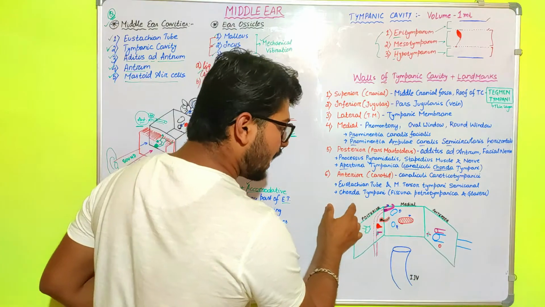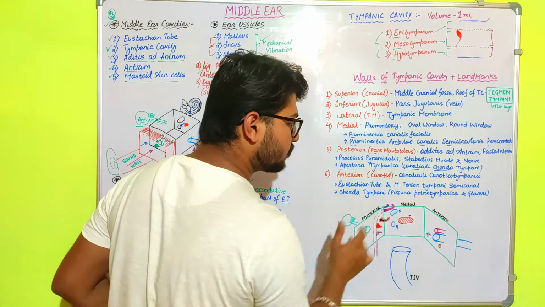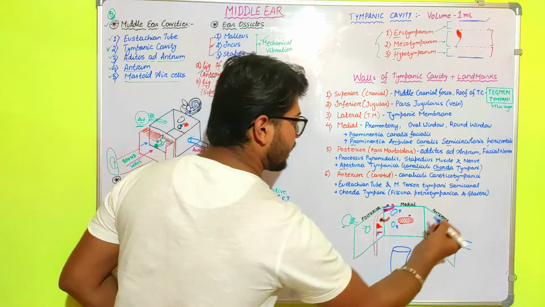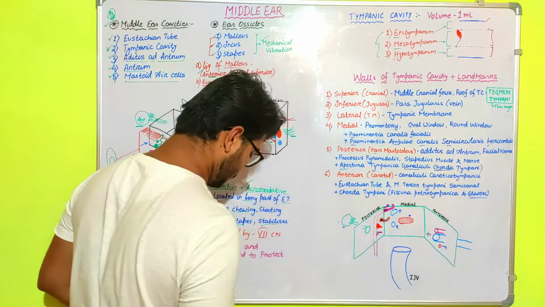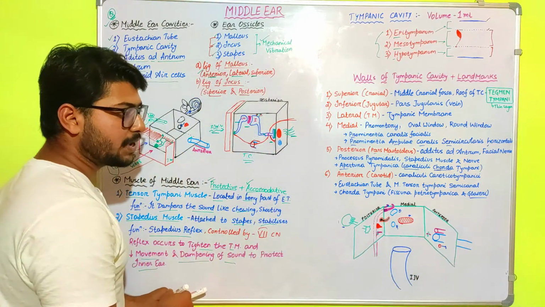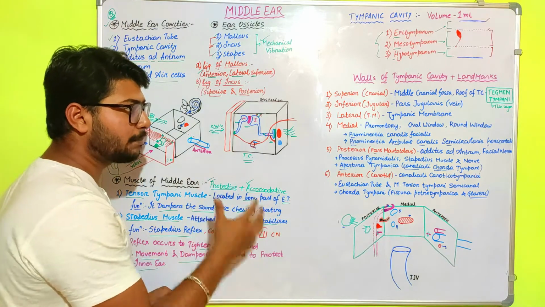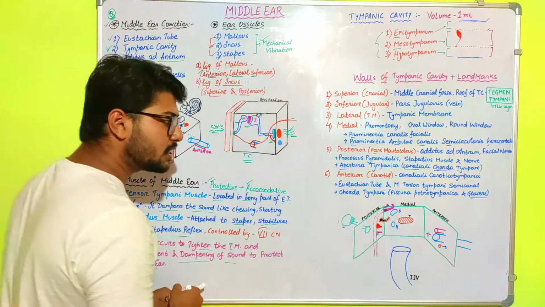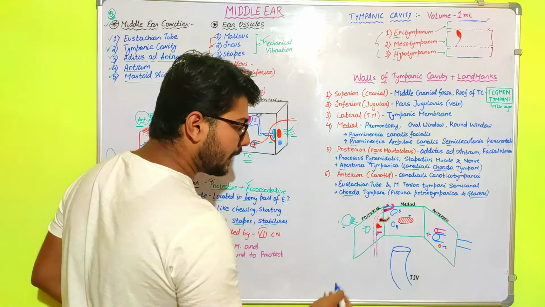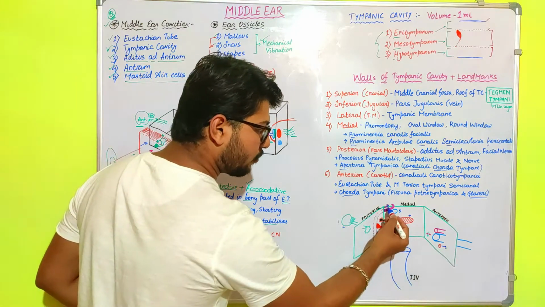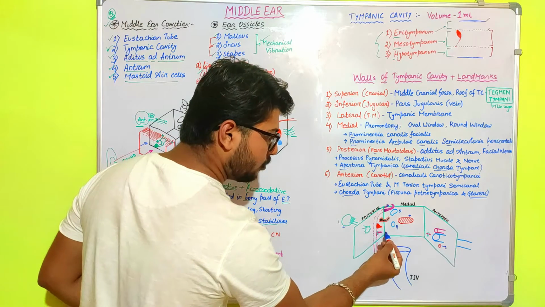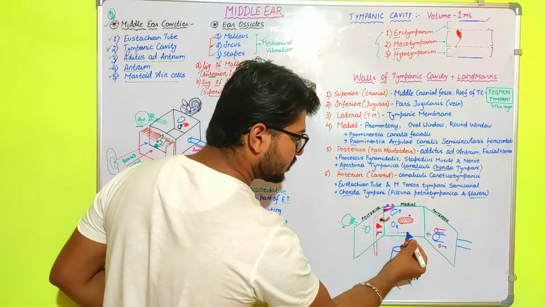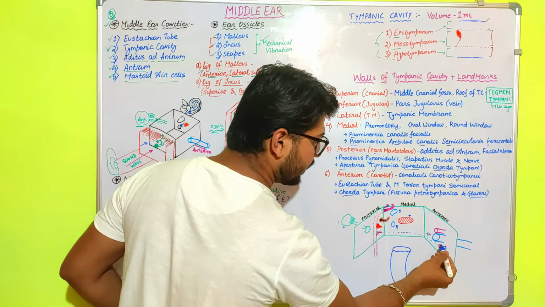And finally the chorda tympani, fissura petrotympanica or Glaserian fissure. This is the anterior canaliculus that is present on the anterior wall of the tympanic cavity and carries the chorda tympani. So the chorda tympani moves from the posterior canaliculus in this direction towards the anterior canaliculus.